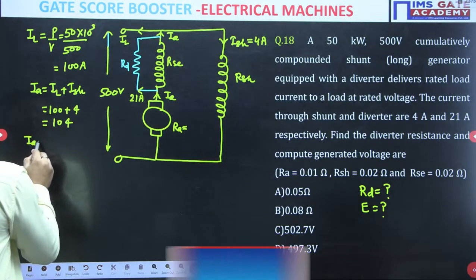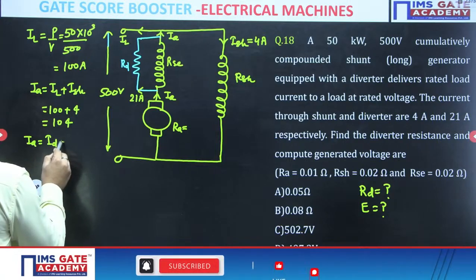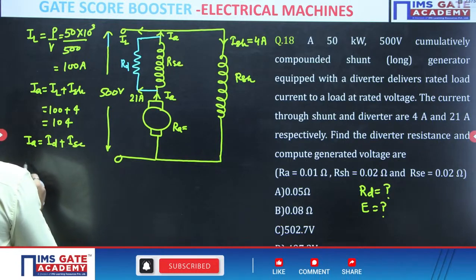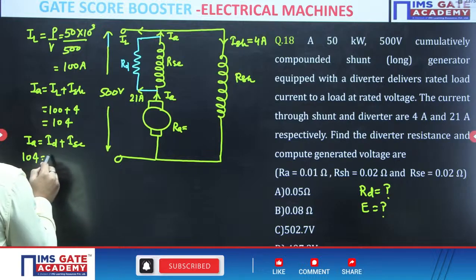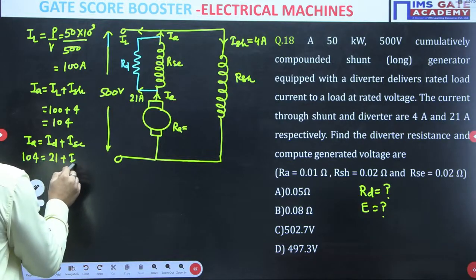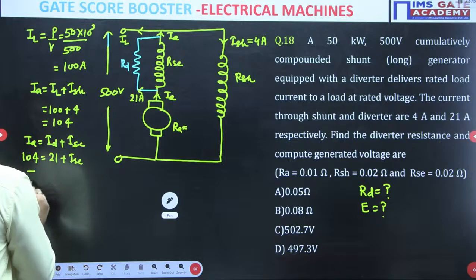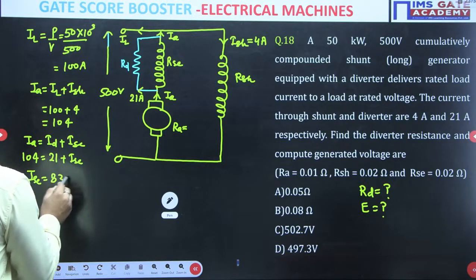Then IA will be the current across the diverter plus the current across the series. So it is 104 minus 21, and we will get ISC, which will be 83 ampere.